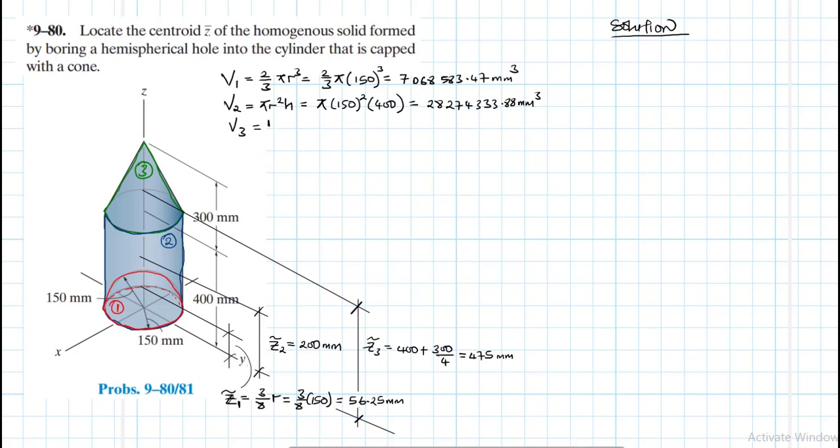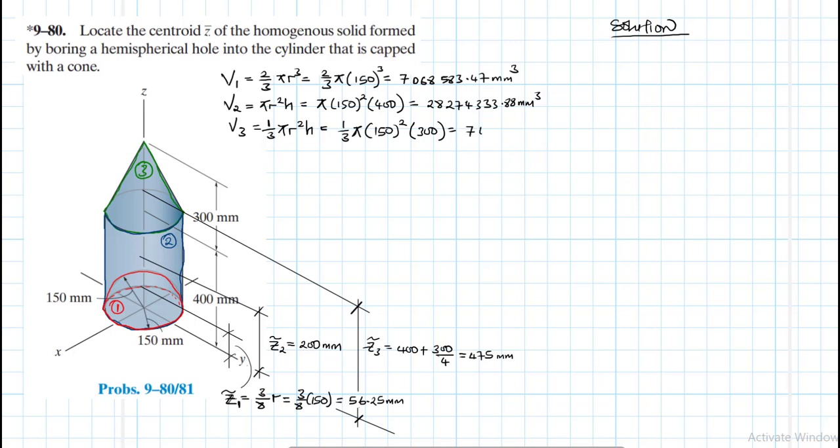Is 1 over 3 pi r squared h, right? So 1 over 3 pi times, what's the radius? Radius is the same, 150 squared. And what's the height? The height is 300. What we get is 1 over 3 times pi times 150 squared times 300.